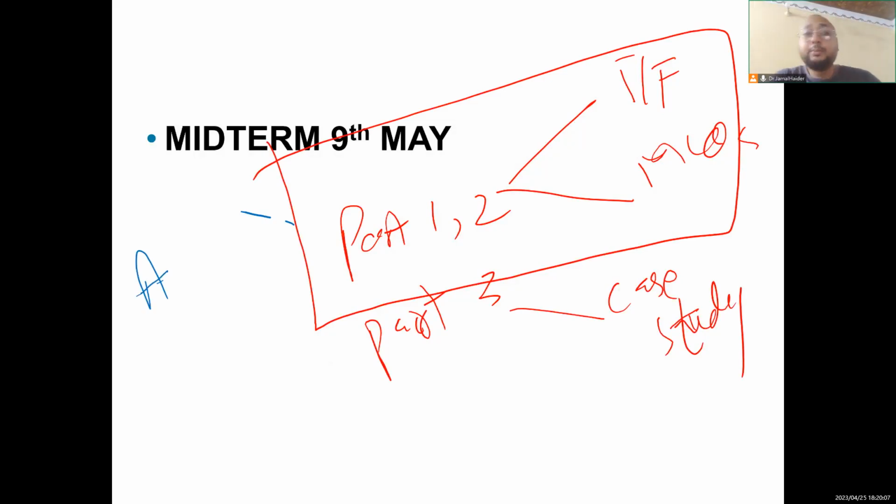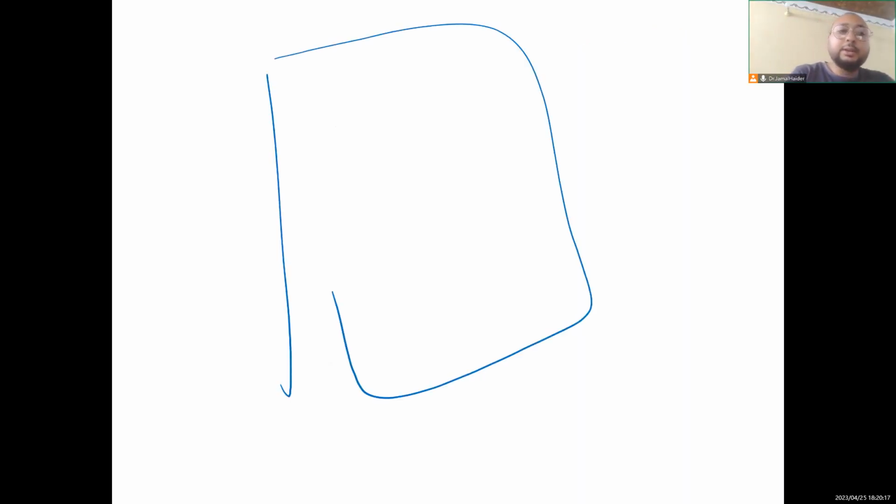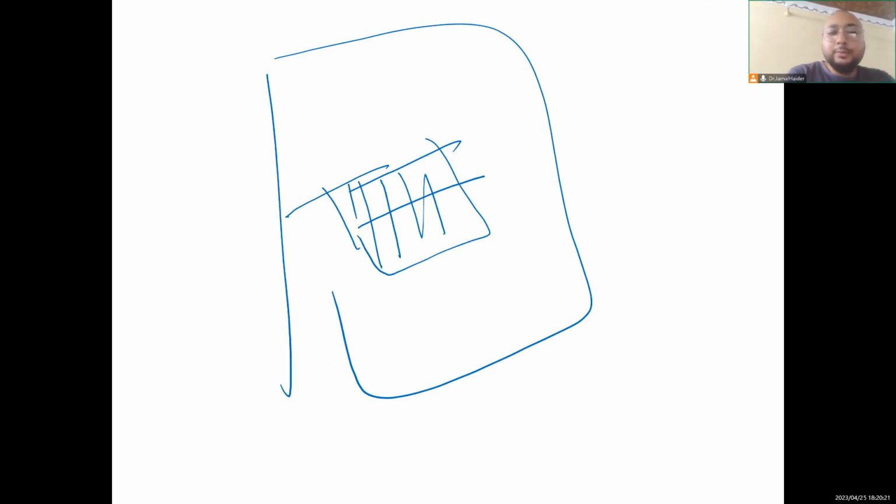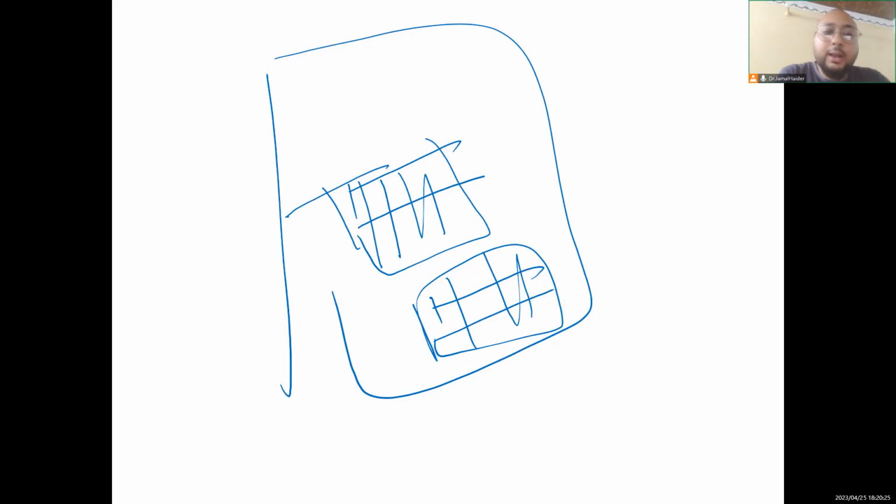So all you need to do, type the answers into that sheet. So that would be a page consisting of tables for MCQs and true false, like 1 2 3.